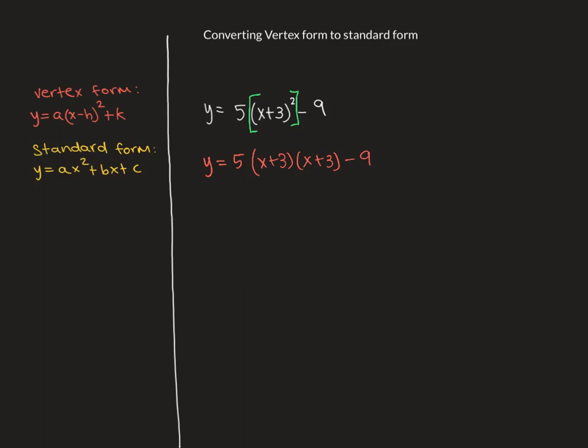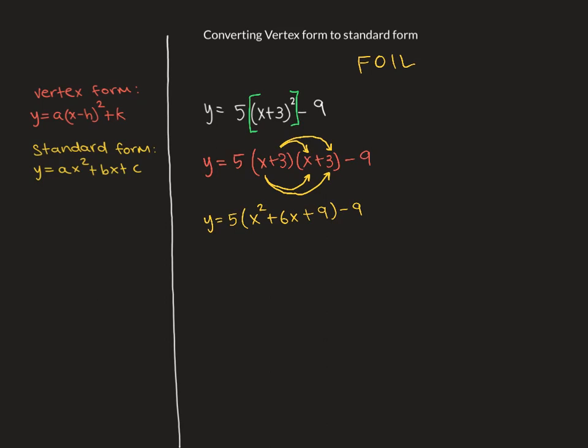And what you want to do is use the FOIL method and expand the factors in our parentheses. So we'll take the x times x, the x times 3, and then the 3 times x, and then the 3 times 3. And what we get is y is equal to 5 times (x squared plus 6x plus 9) minus 9.